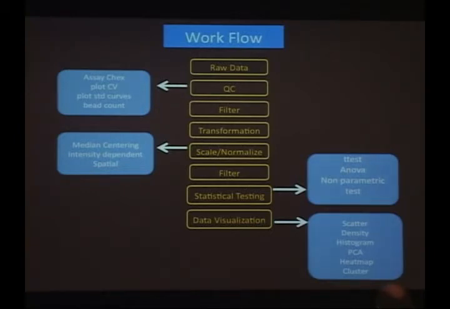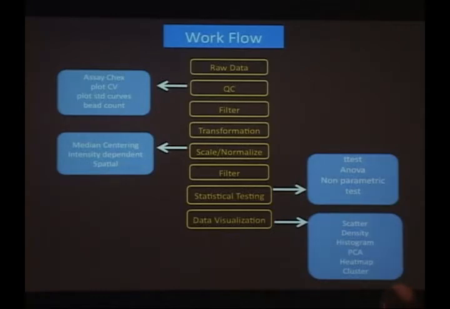So the typical workflow: once you get the raw data from the assay on the Luminex system, we go through rigorous QC and a lot of filtering, where low quality data is filtered out. I'm sure she is going to go over the assay checks, which detect systematic error in the assay, and how we plot the CV and standard curves.